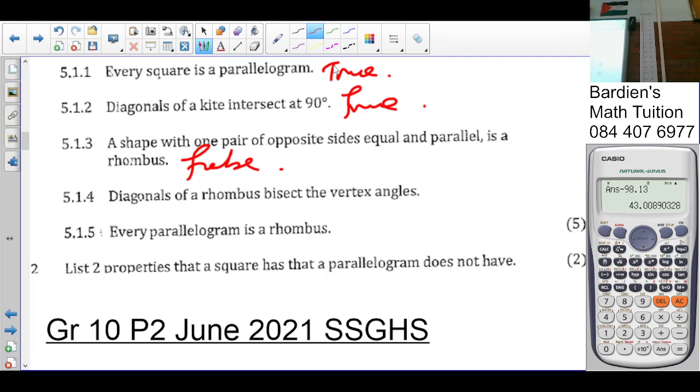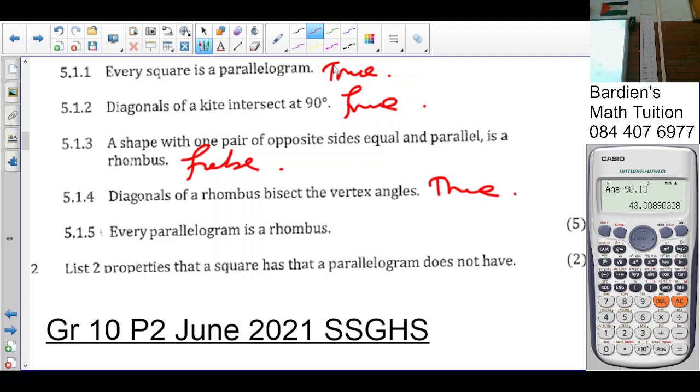5.1.4. The diagonals of a rhombus bisect the vertex angles. What does bisect mean? Cut in half. So the diagonals of a rhombus cut the vertex angles in half. True. Where else is that the case? The square. In a kite it is not; only one diagonal bisects its vertex angle.